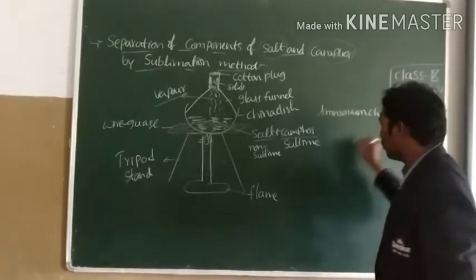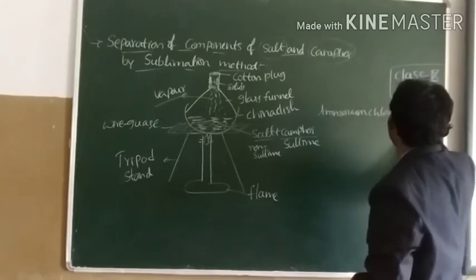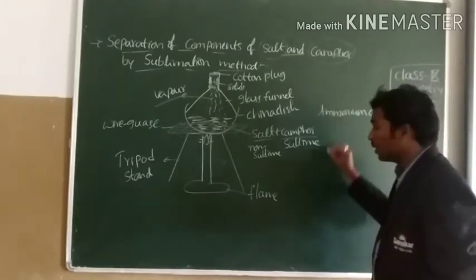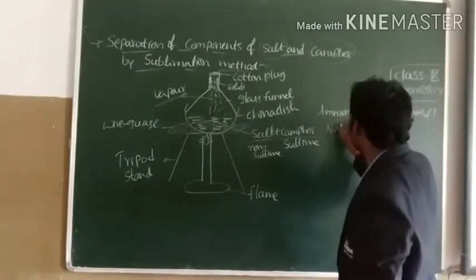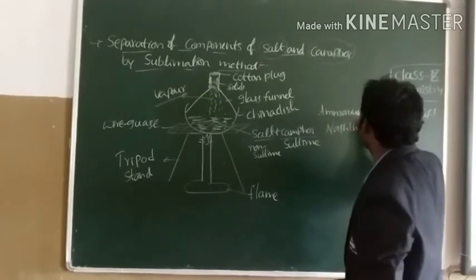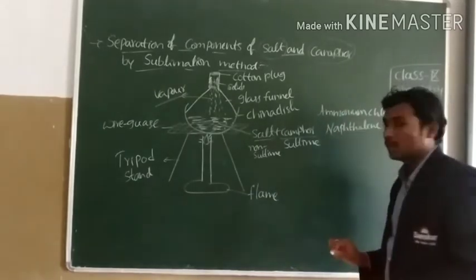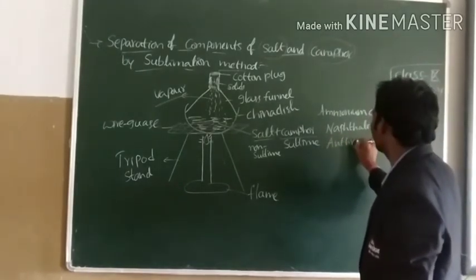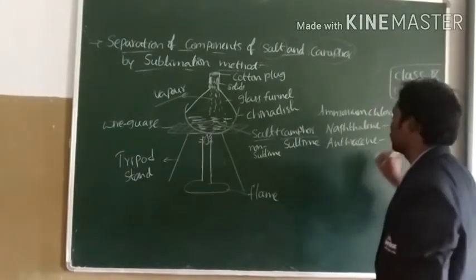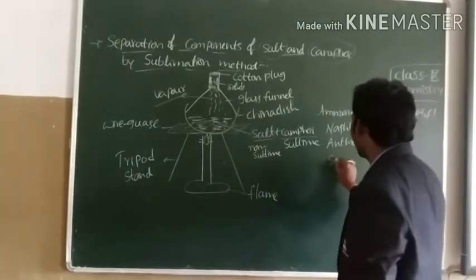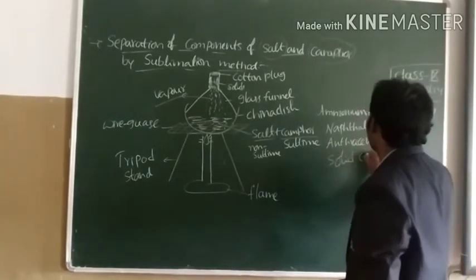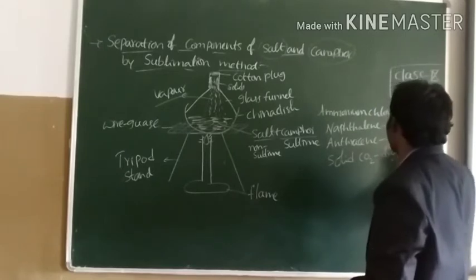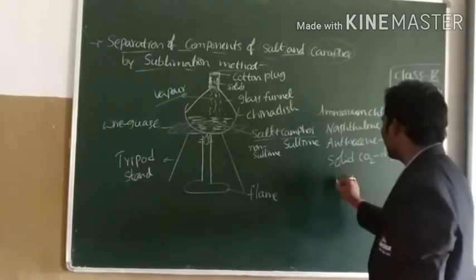Ammonium chloride, formula NH4Cl. Naphthalene, and anthracene, solid carbon dioxide, common name is dry ice, iodine.